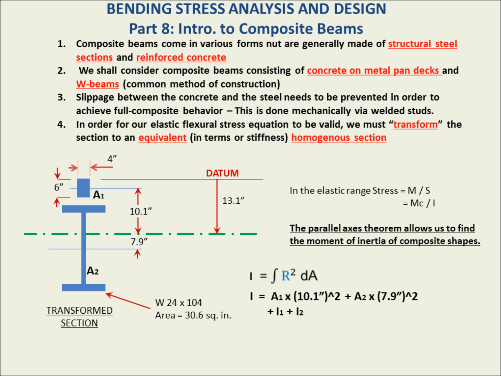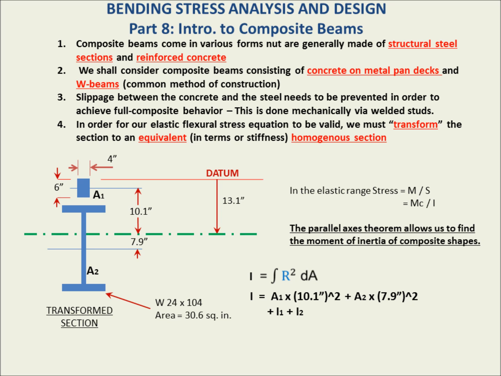A1 and A2 have an individual moment of inertia. They're not points in space or point masses. They have extension, and they have a moment of inertia as well about their own axis.